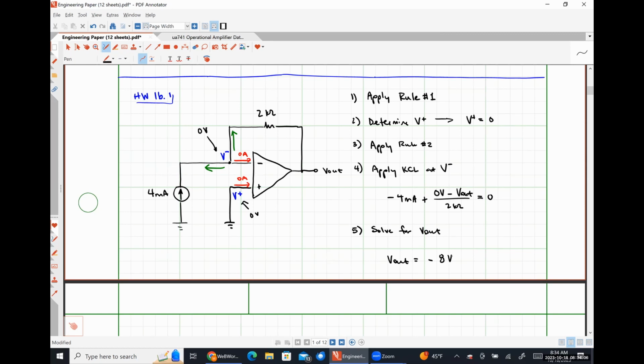All right. This simple process, with maybe a potential modification to step number 4, because there might be more than one node we need to do KCL at, is literally all you will need to analyze any op amp circuit in this class. That's it.